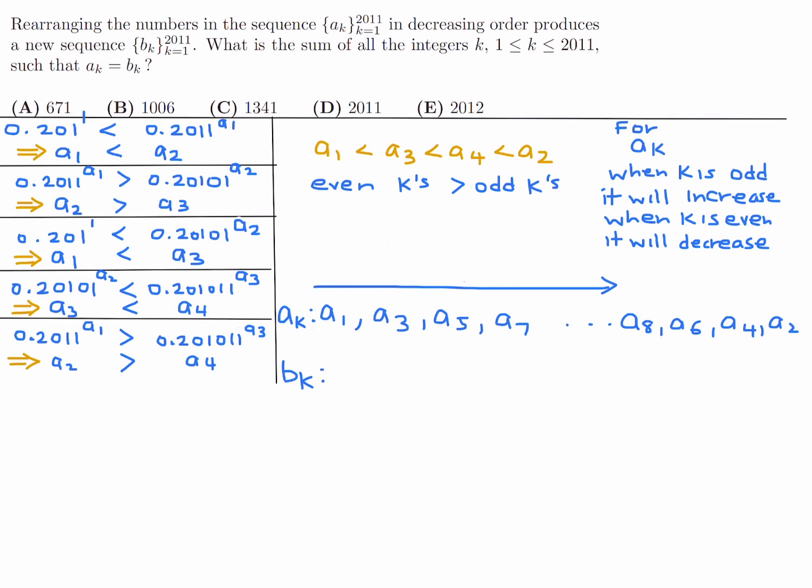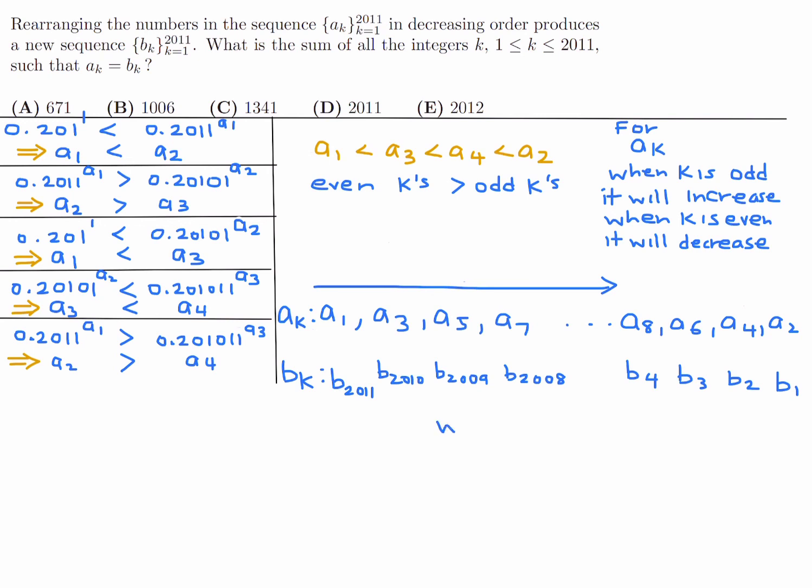They start on this end and they write B1, B2, B3, B4 like this, all the way down to, we're going up to 2011, right? So this would be B2011, this would be B2010, B2009, and B2008, like that, and so on.